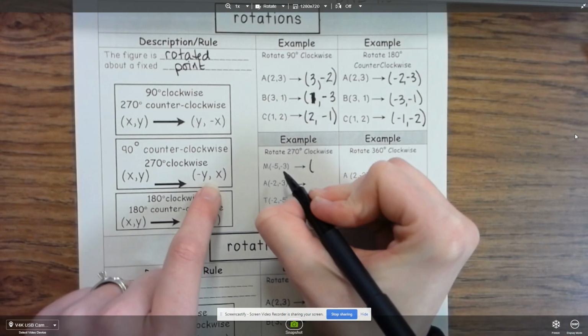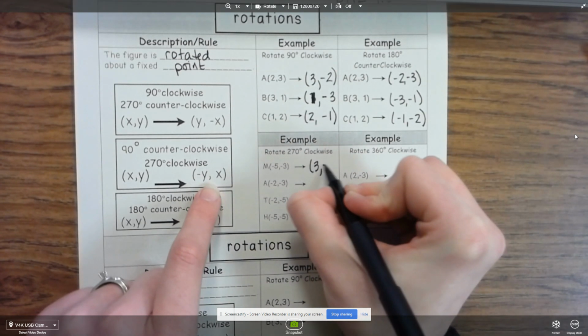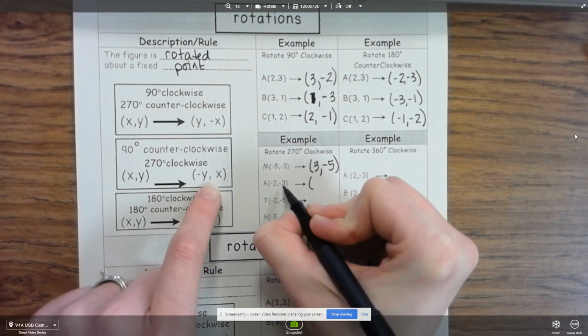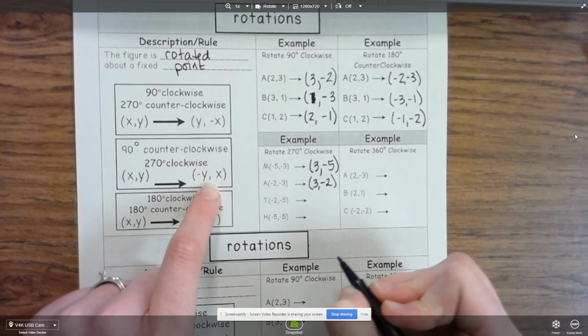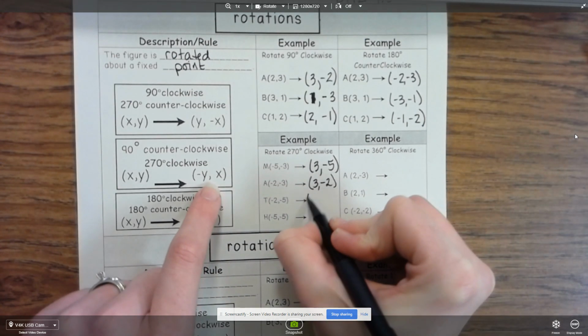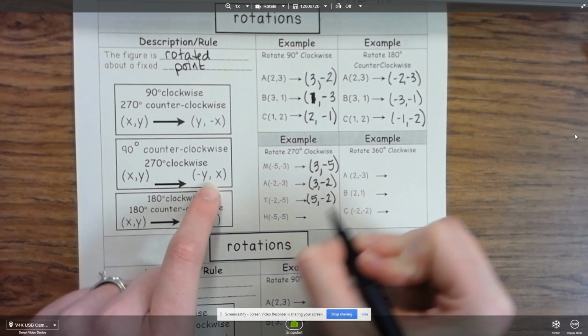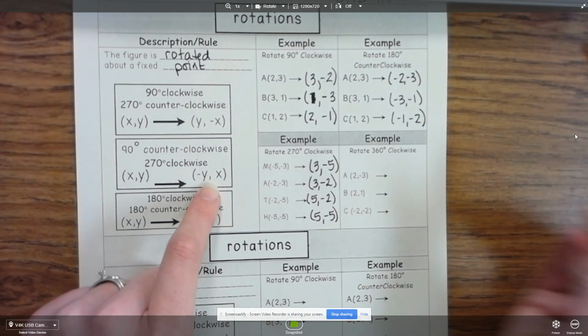So this y is already a negative, so that means it would become positive. And then the x just moves over to the y spot. Again, the y is already negative, so it would become positive. And the x moves to the y spot. Y is negative again, so it would become positive. And then again, the y is negative, so it would become positive.